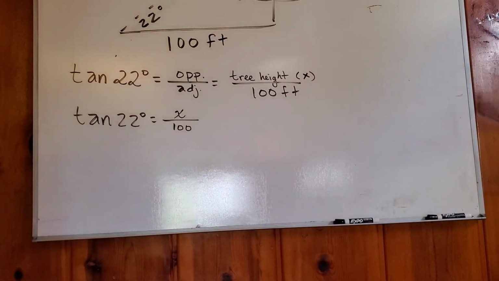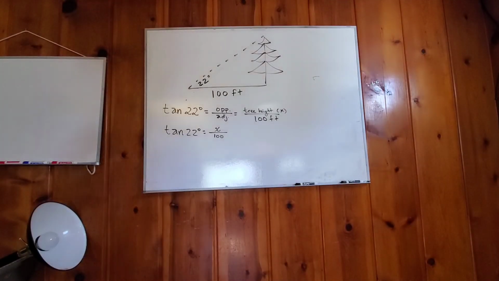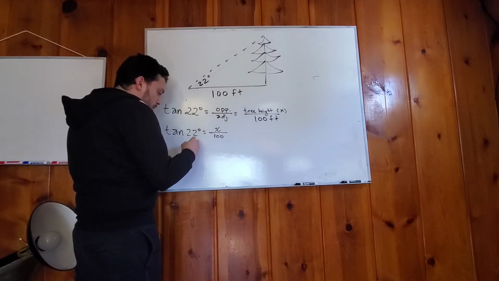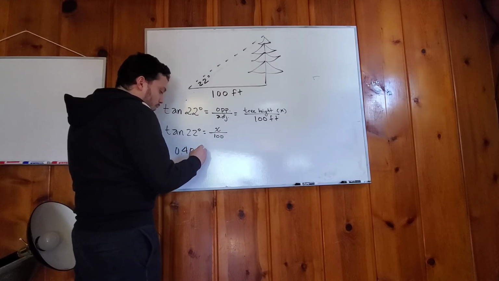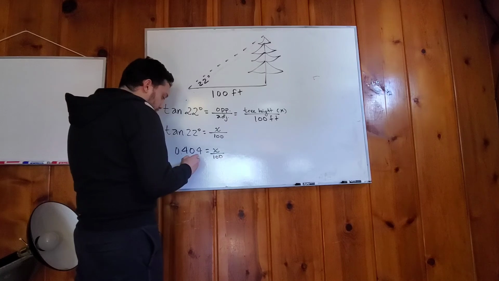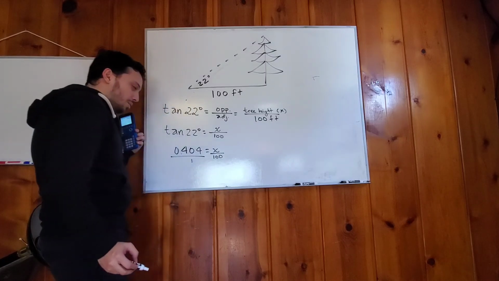Yep. So, let me put you back on the board. Boom. Whole view of the board. So, in here we get tangent of 22 degrees equals 0.404 equals x over 100. This is also going to be over 1, right?